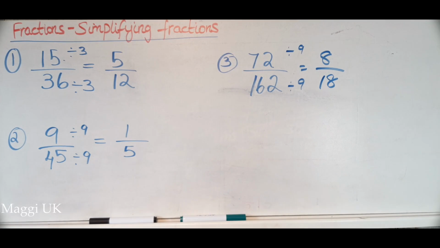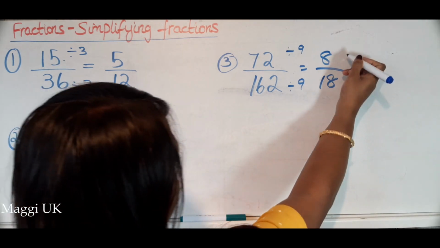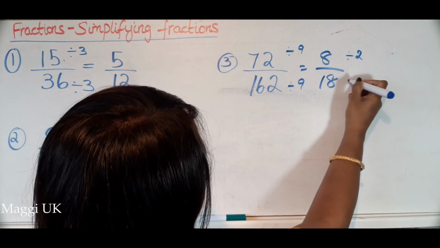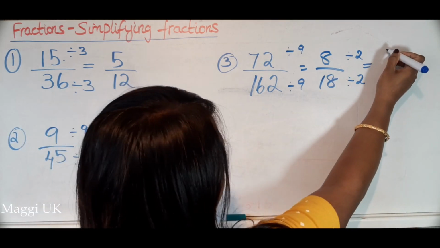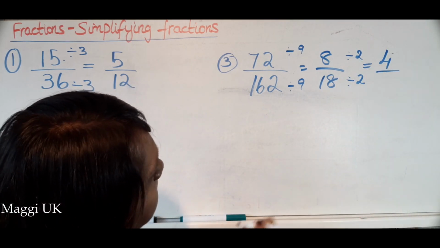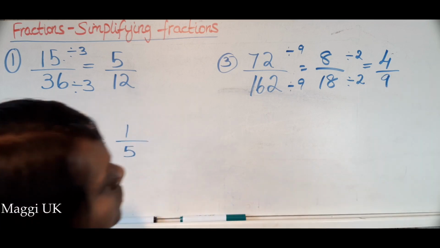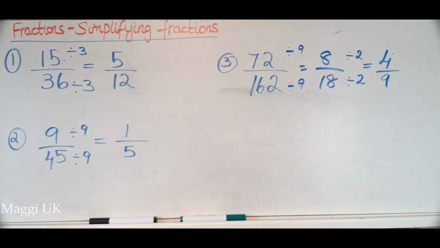Can we still find a common factor for 8 over 18? Yes, we can still simplify further. Divide by 2. So 8 divided by 2 is 4. And then 18 divided by 2 is 9. And it's simplified, so I think that's the answer. You can't simplify this because you have an even number on the top and an odd number on the bottom. Okay, well done.